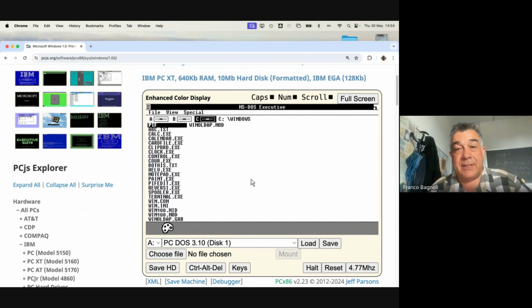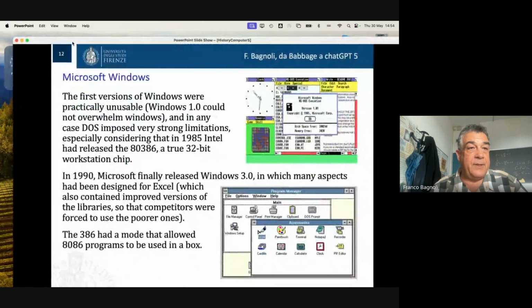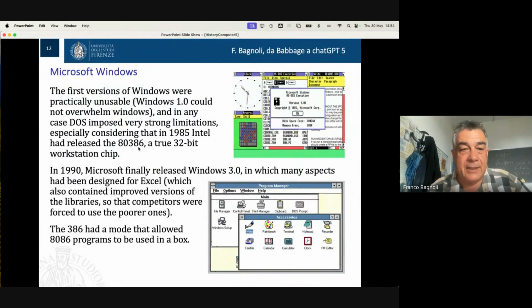So it was graphics, but in a very limited way. But you can play and have a feeling of being in the 80s and 90s.